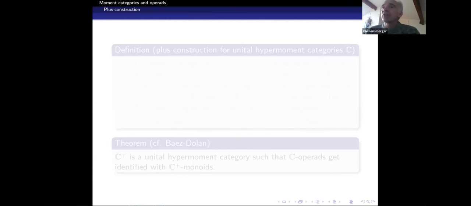And so there is a plus construction also for moment categories, and I will present you this plus construction. The upshot is that if you apply the plus construction to gamma, you get a category which is closely related to omega.